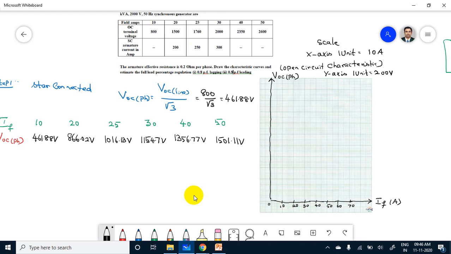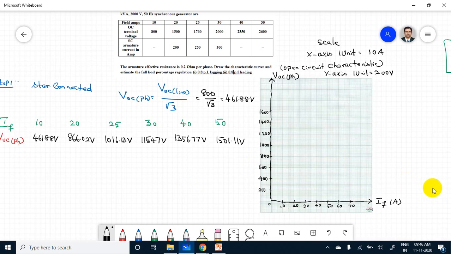So this line 200, this line 400, 600, 800, 1000, 1200, 1400, 1600. I stopped here, 1600.